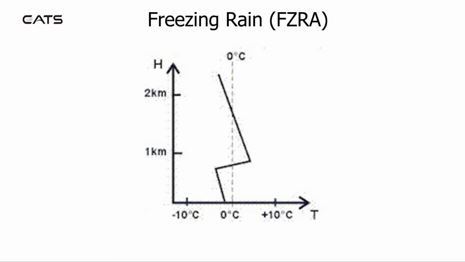In other words, the tephigram graph intersects the 0 degree isotherm twice. When this happens, there's a risk of freezing rain.